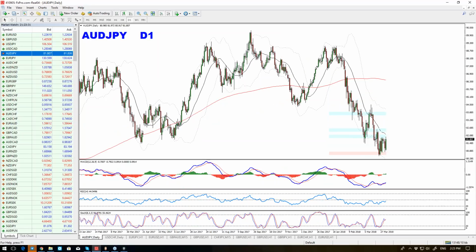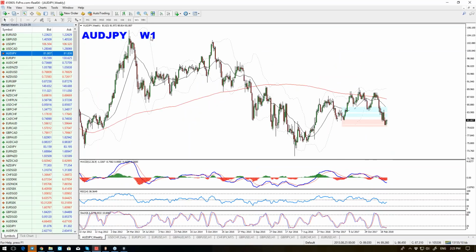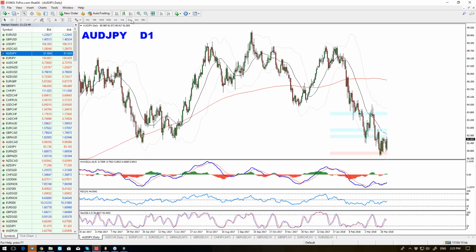Aussie versus the yen. Long term, we are bearish according to the weekly triple double. So we want to sell rallies. By saying that, that means we want to see the rallies, right?